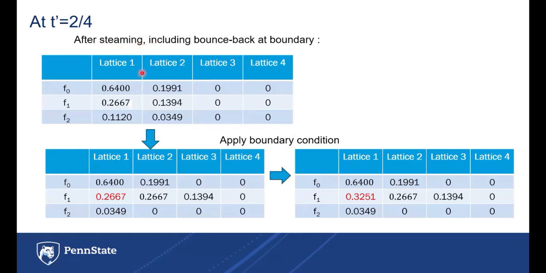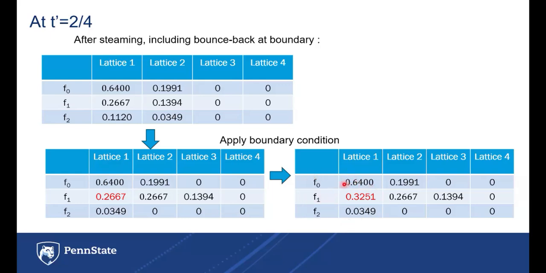For the stream step, what we do is cycle shift f1 to the right, and cycle shift this f2 value to the left, and then we got this table, and then we need to apply the boundary condition, because the phi value for this lattice one is always one.